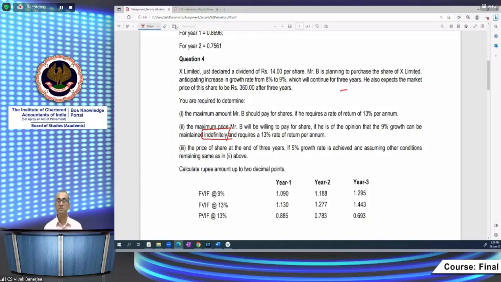So in this situation which formula is used? Yes, the constant dividend growth model of Gordon's. The formula is P0 is equal to D0 into 1 plus G upon KE minus G. So now this part 2 is quite simple to calculate.